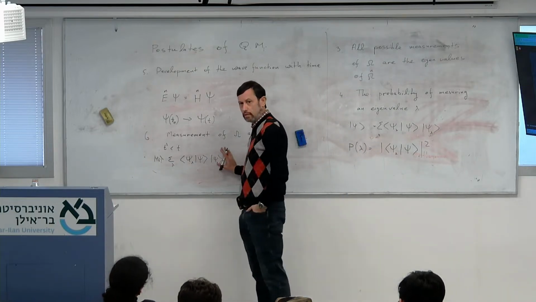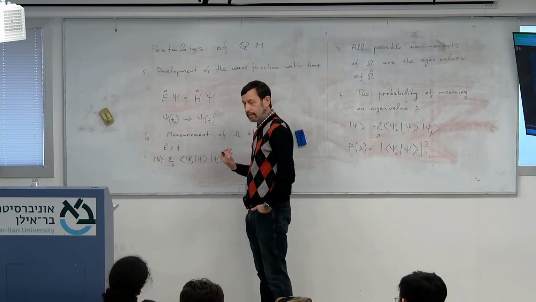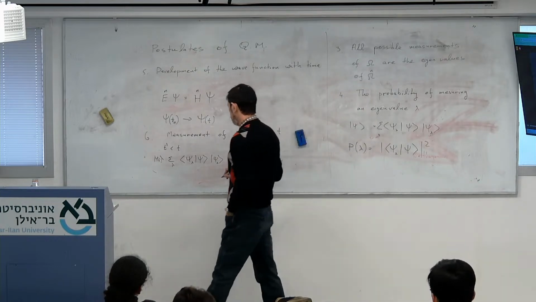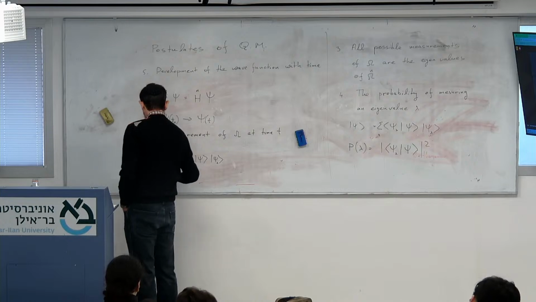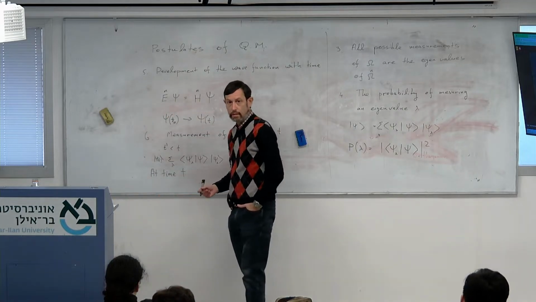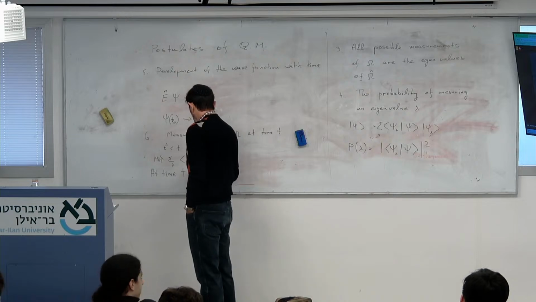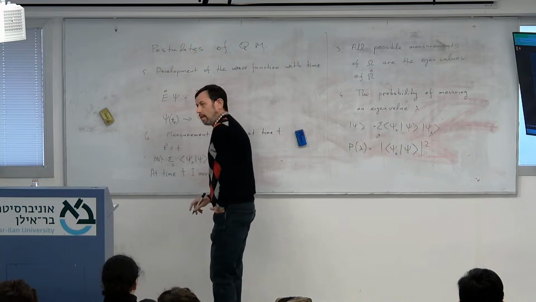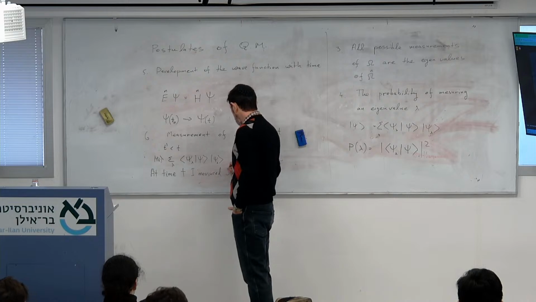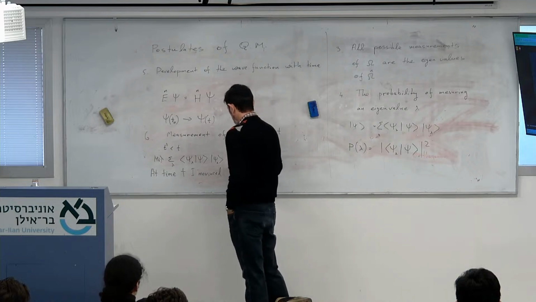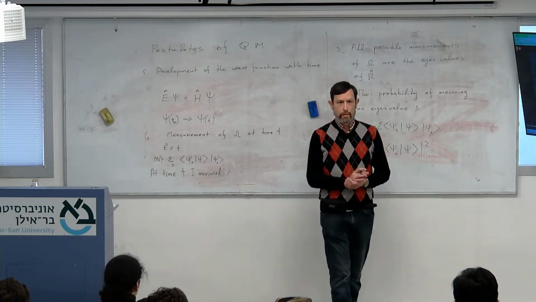So everything's good. I did a measurement. According to postulate 3, at time t I measured some value omega lambda, or lambda if you want. Right?